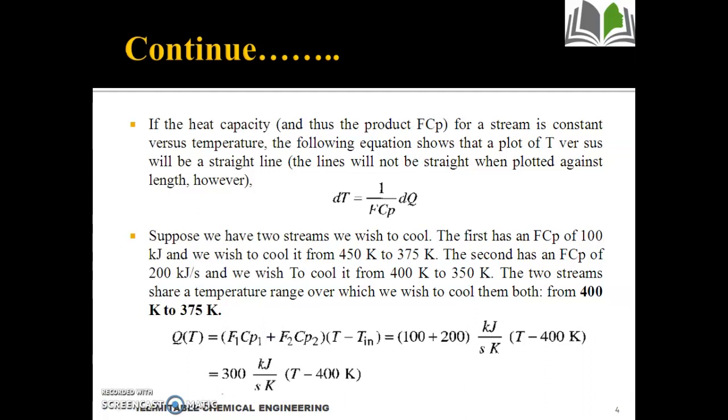When they are in the non-overlapping ranges, that is when they are not in the 400 to 375 Kelvin range, we use them as separate streams, right?